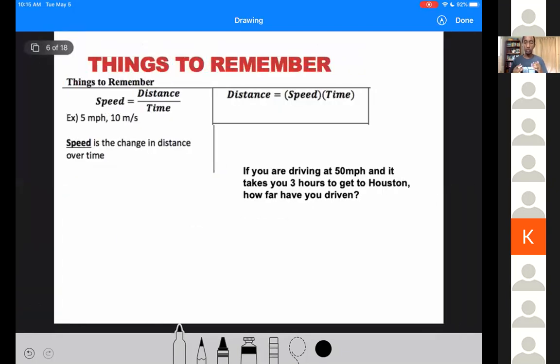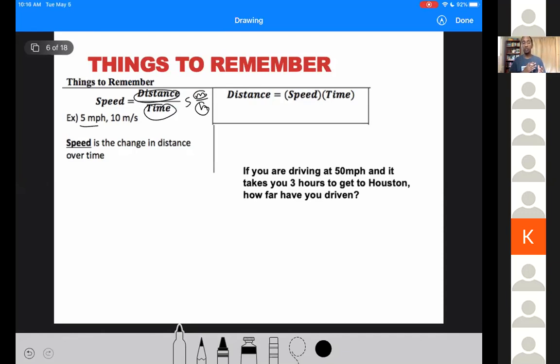I'm going to explain some concepts we need to know first. So a couple things to remember is that speed is equal to distance divided by time, right? For example, when you talk about speed, you might say 5 miles per hour. So that's 5, and then it's miles per hour. The miles is the distance, right? The hours is the time.